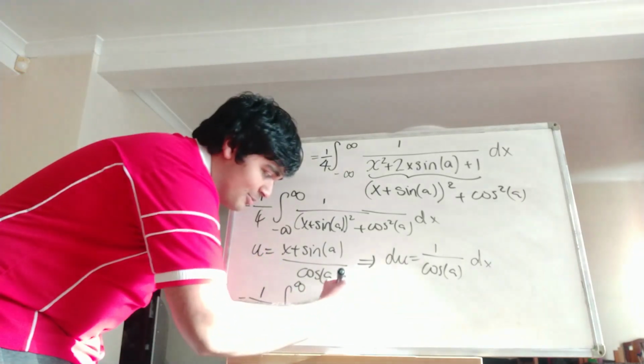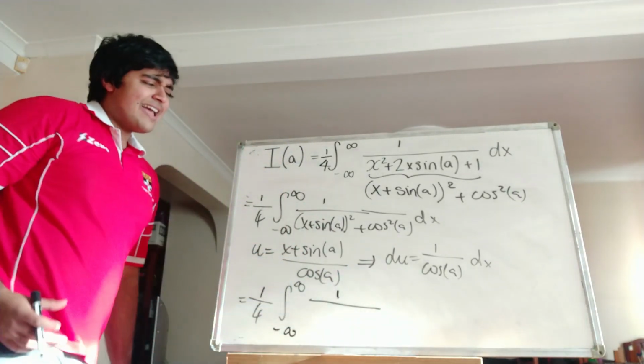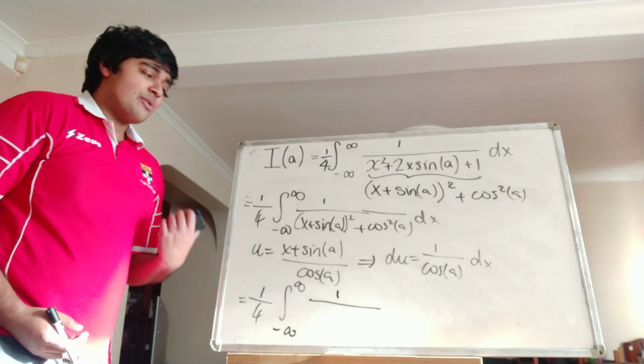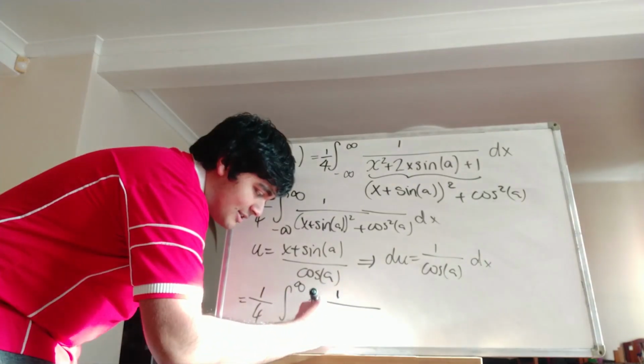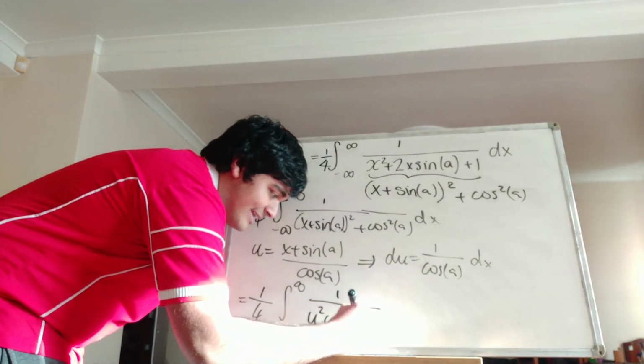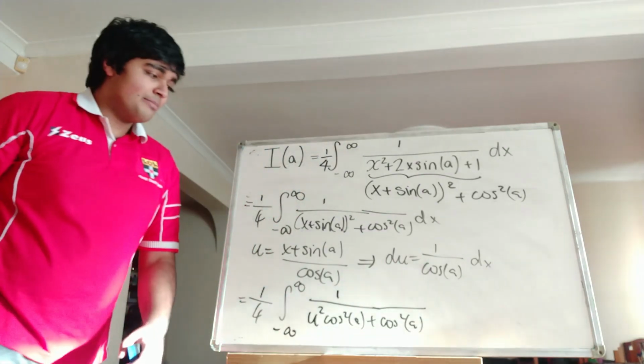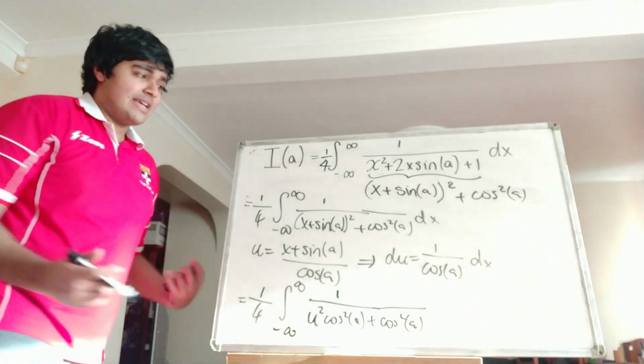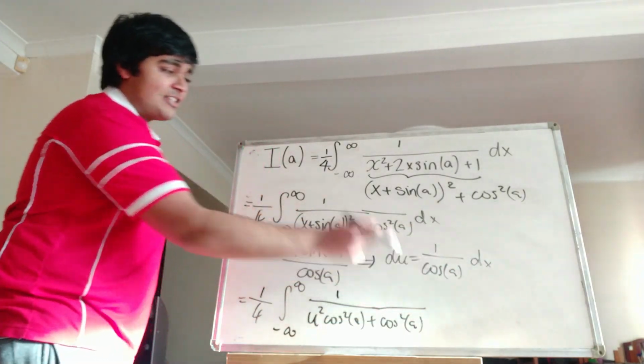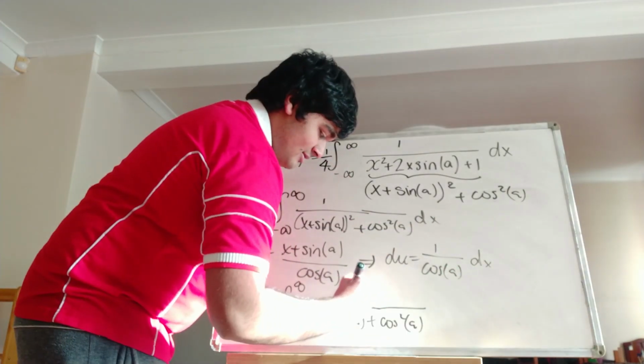And then this integral becomes 1 over x plus sine a squared, which is just cosine a times u squared. So it's just u squared cos squared a plus cos squared a, and then dx is just cosine of a du.